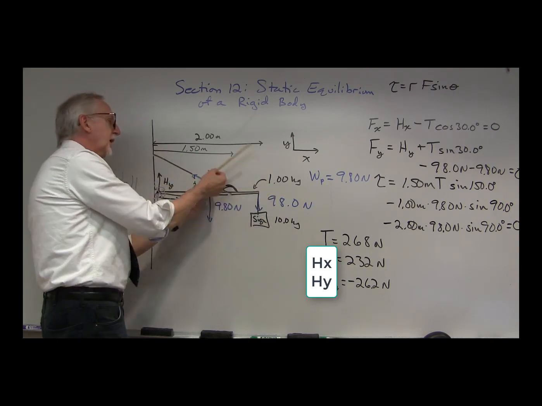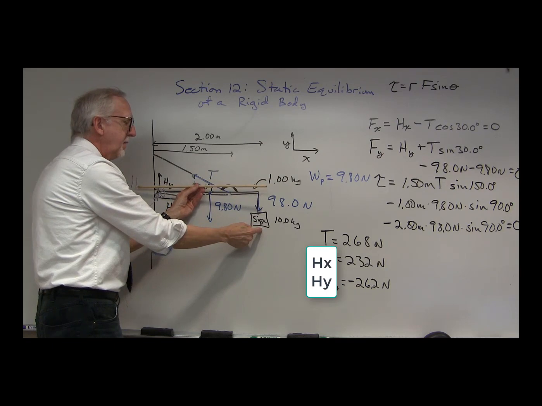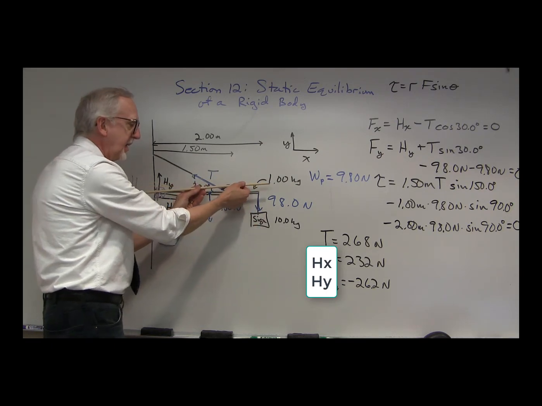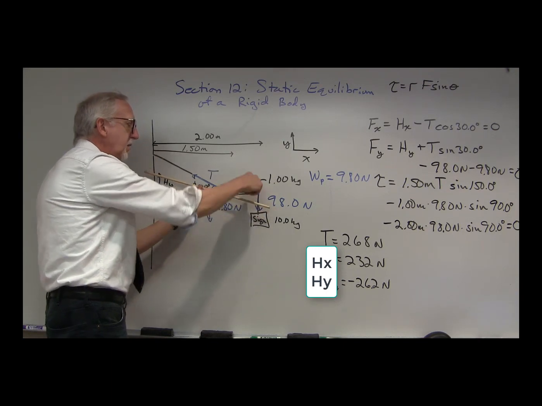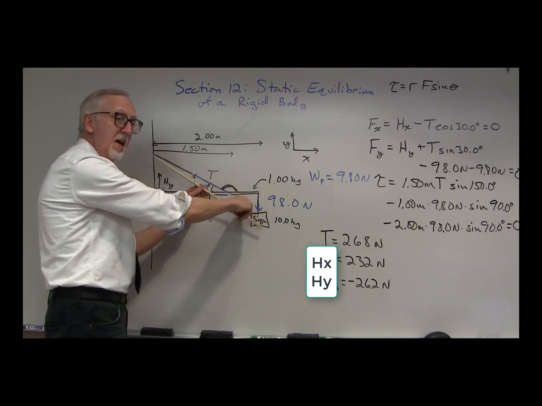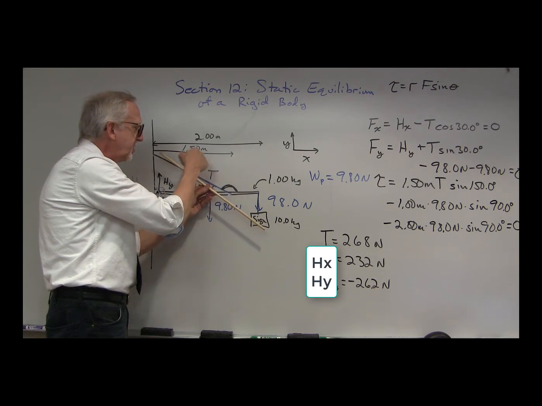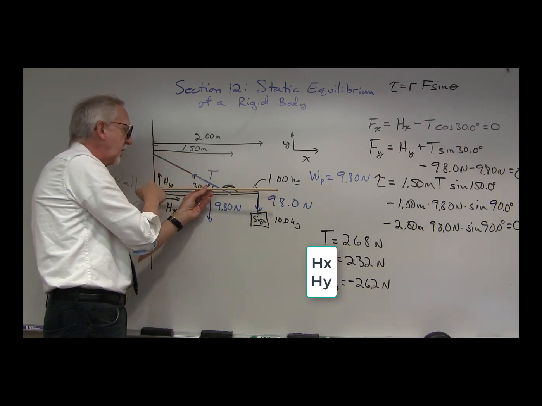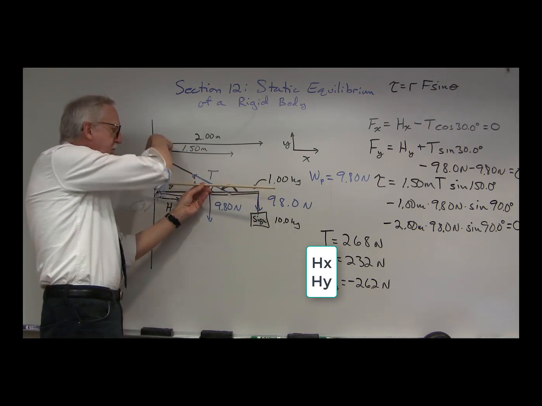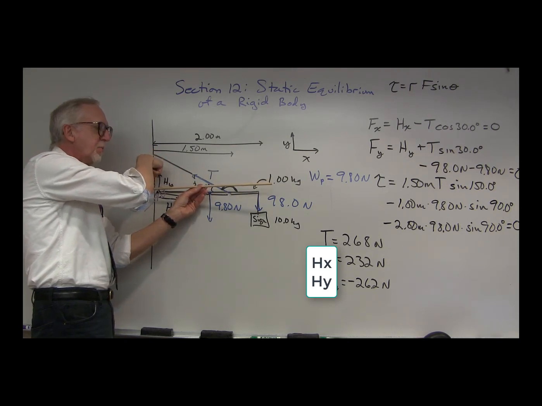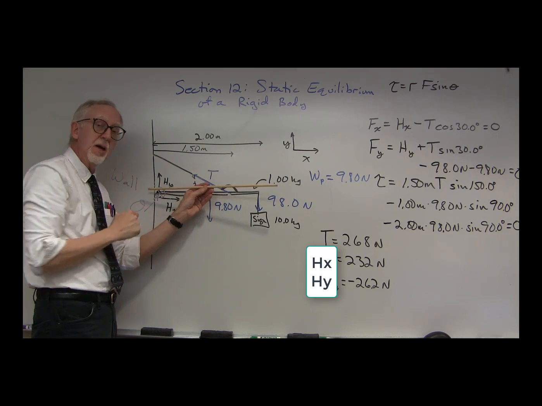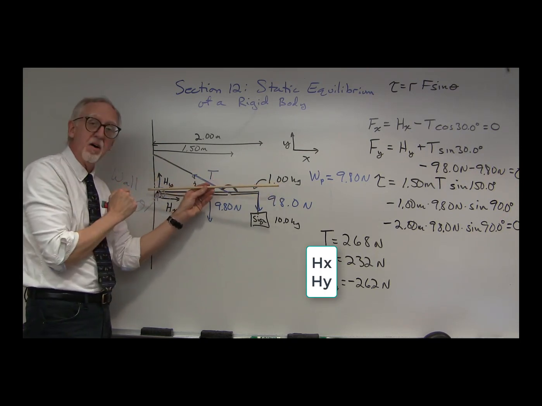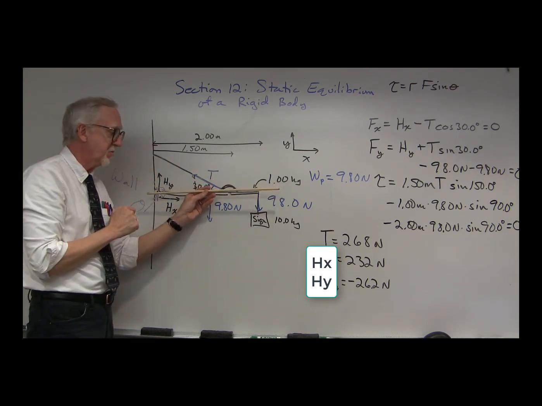The tension is pulling up on the pole, but the weight of the sign is greater and pulling straight down, causing the pole to tend to rotate in a clockwise direction. To keep it from rotating in a clockwise direction, the wall has to push down on this end of the pole to keep it from rotating that way. That's why we end up with a force of Hy in the negative direction.